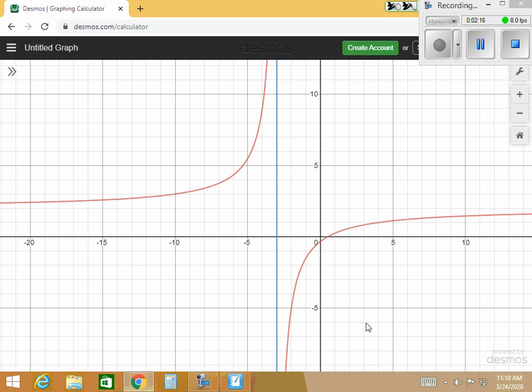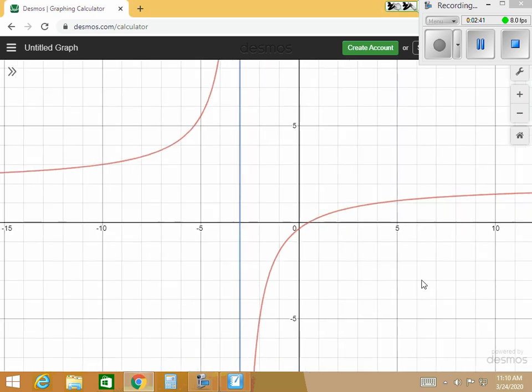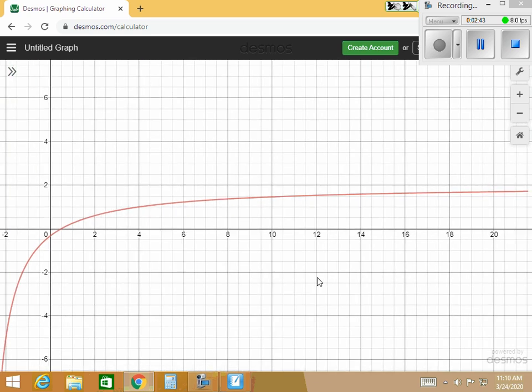Some rational functions, not all of them, also have horizontal asymptotes, meaning that as we look at our tails, our end behavior, like we just finished up in 3.4, if we are walking along that graph to the right as far as it goes, or to the left as far as it goes, does it approach a certain value?